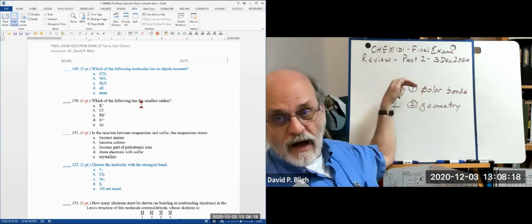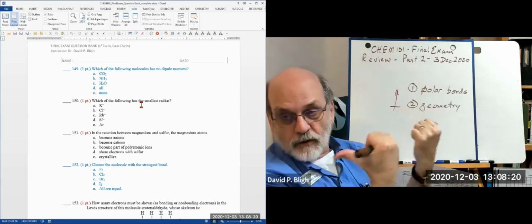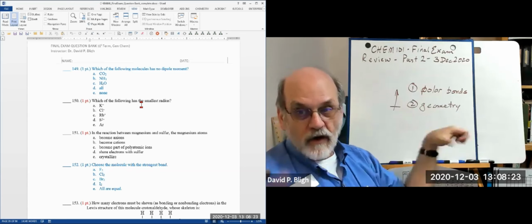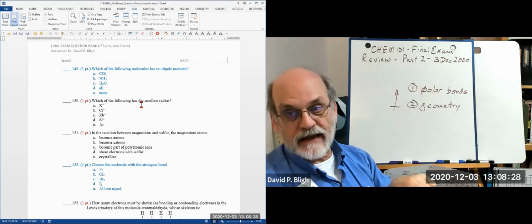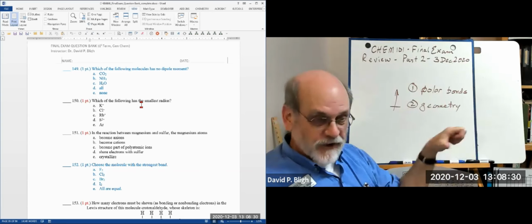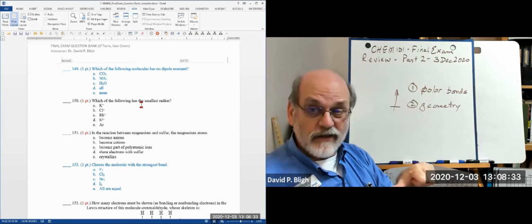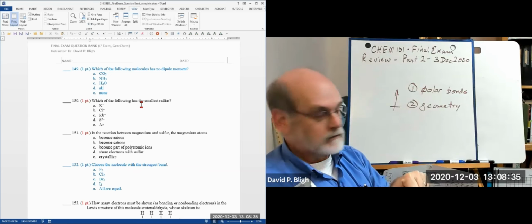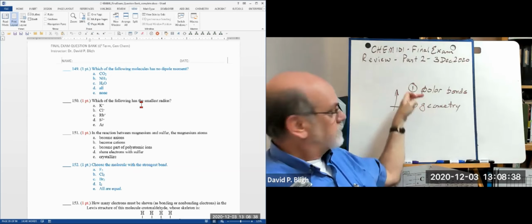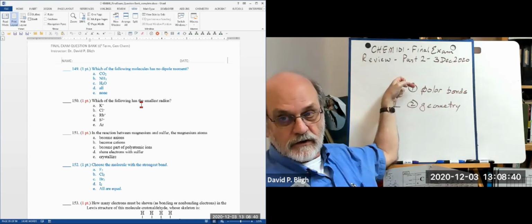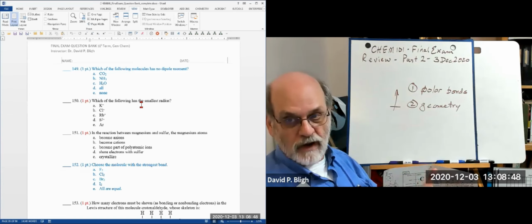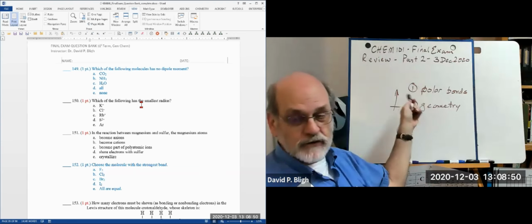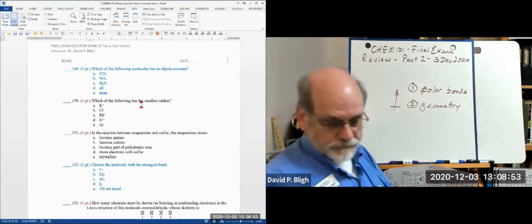Because if you have polar bonds, but they're opposite one another, and they're pointing away or toward each other, then they cancel one another out, as long as they're equal in magnitude. Right? If they're facing each other, but one is stronger than the other, then you still have a dipole. But if these polar bonds are equivalent in magnitude and opposite in direction, then they will cancel and you have a nonpolar molecule. Right? So you need to know those two factors to answer this question.